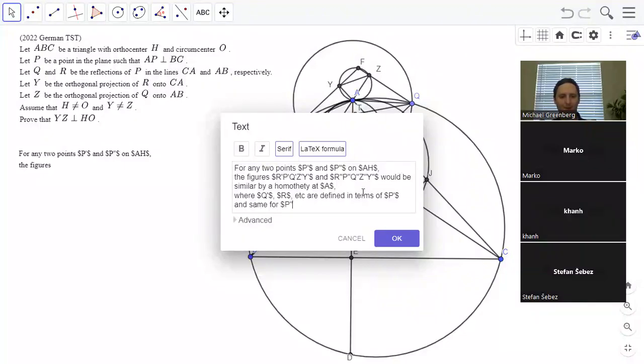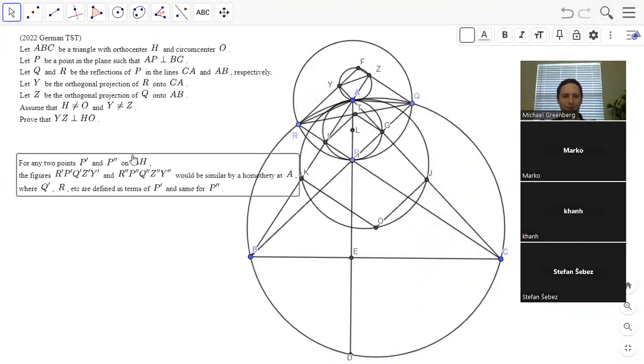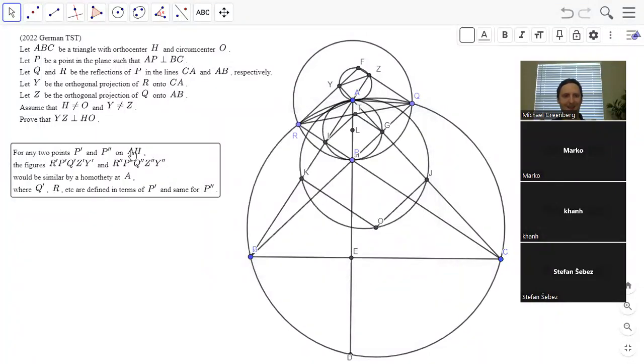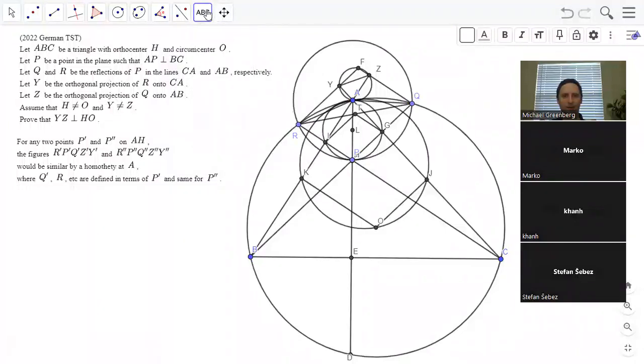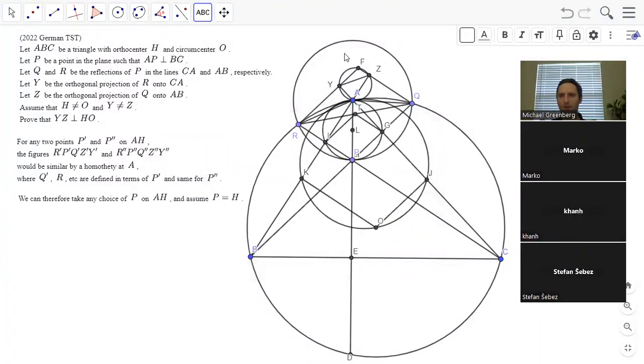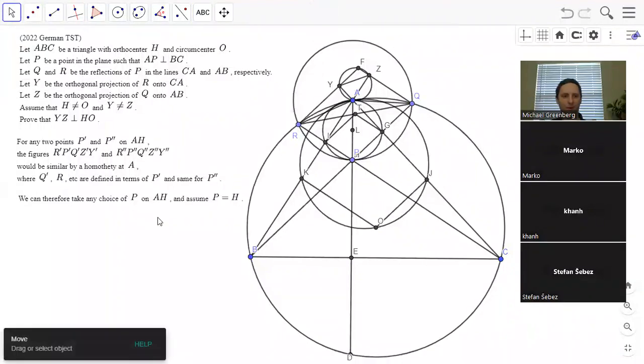I don't know a faster way to write this in English, so I think that's good enough. We can therefore assume that P equals Q. P equals H. Yeah. Okay.